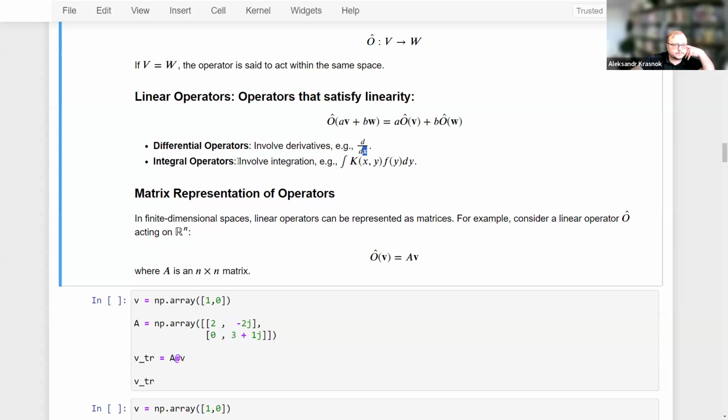Similarly, integral operators, like shown here, with some kernel, right? This k kernel multiplied by this function. If you integrate this integral, you will of course get another function, which will be the function of x. So it will be another function. You produced function from another function using this operator.